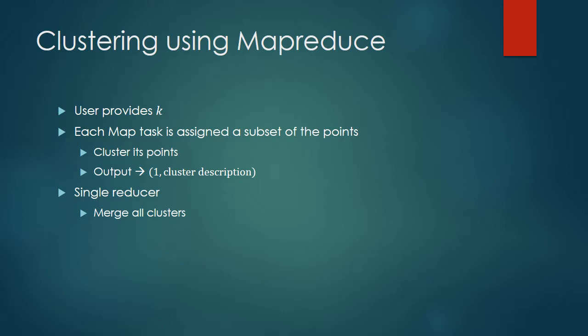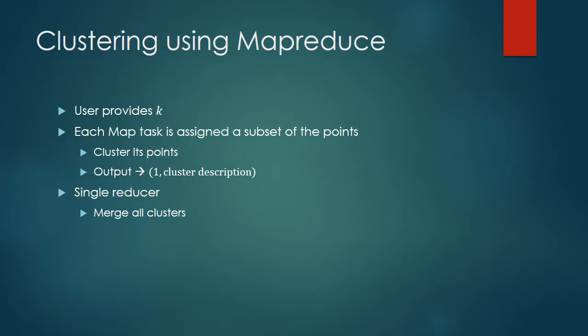So we take data at each map task, generate a bunch of clusters, and output with the same key. So all map tasks are going to produce only one key with a description for the cluster. Depending on what the data was and what algorithm we use, it could be the centroid or some sort of cluster representation using representatives or anything else.